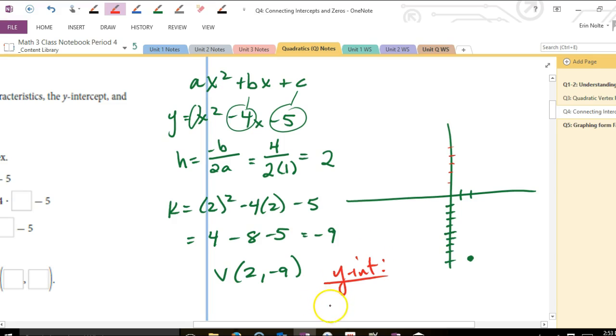So if I take 0 and plug it into my x in the equation, that will tell me what my y-intercept is. When it's in standard form, it's very easy. I can just go 0 minus 5, so that gives me a y-intercept of negative 5. So I can plot that: 1, 2, 3, 4, 5. I can reflect that across the axis of symmetry, and there I have a parabola with 3 exact points.